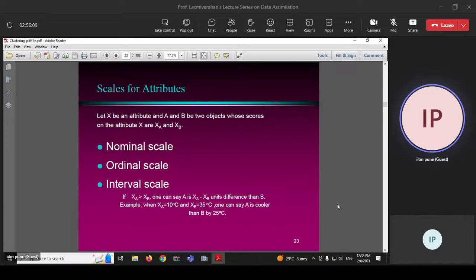Temperature measured in centigrade or Fahrenheit is defined with respect to an arbitrary origin: 32 is the origin, or 0 is the origin. But the real origin is the absolute 0 for temperature measurements. So variables measured with respect to an arbitrary origin are said to be of the interval type. Temperature is an example of that.